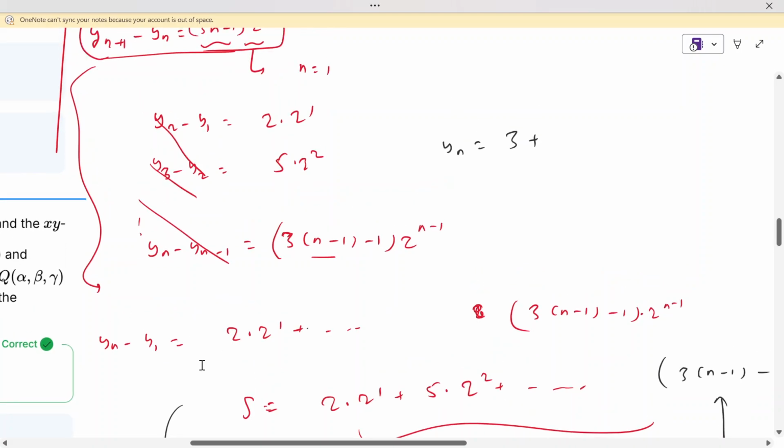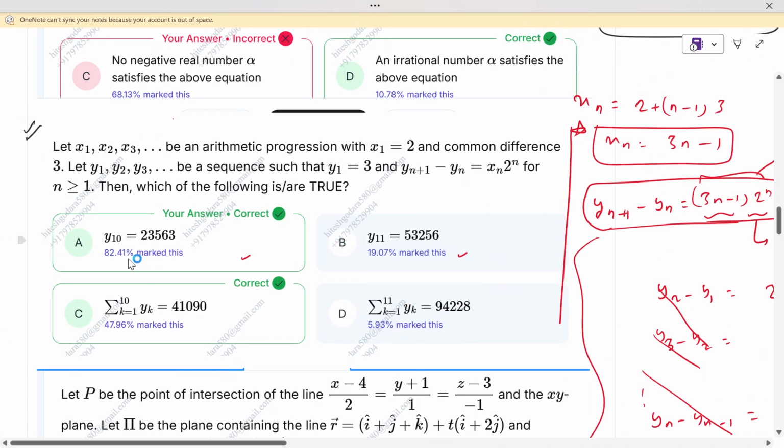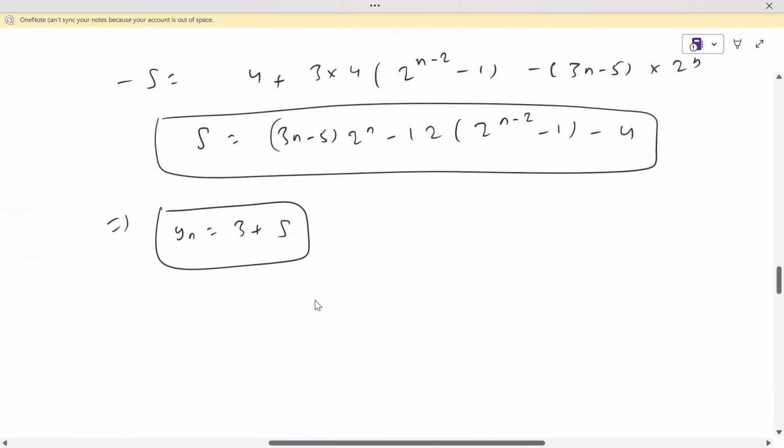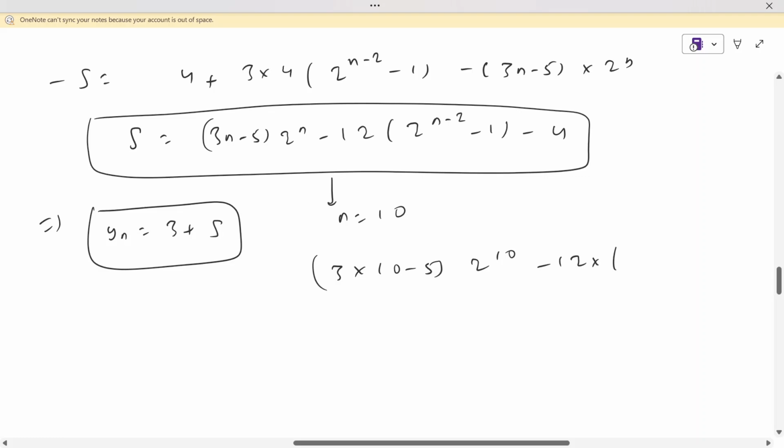So now to find the 10th term, put n equal to 10 there. So we're getting what? 3 into 10 minus 5 into 2 to the power 10. So again, a very calculation-heavy question from an exam point of view. Minus 12 into 2 to the power 8 plus 12 minus 4 again.